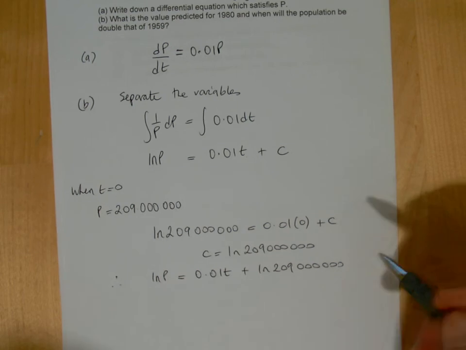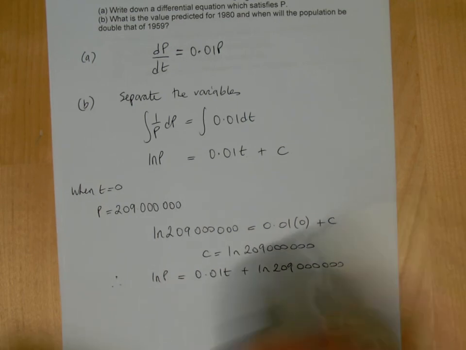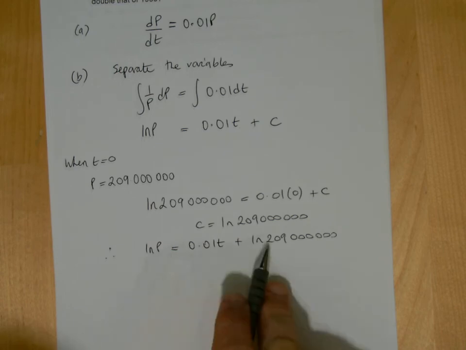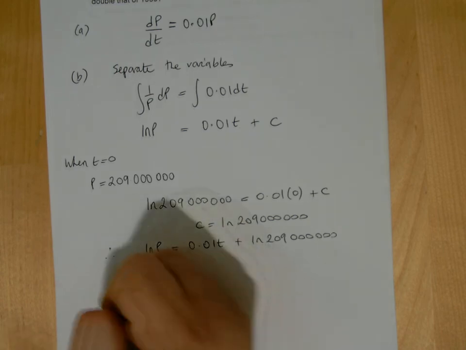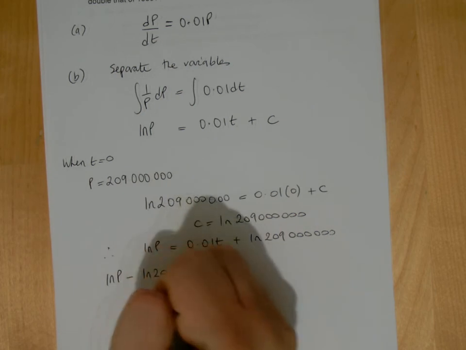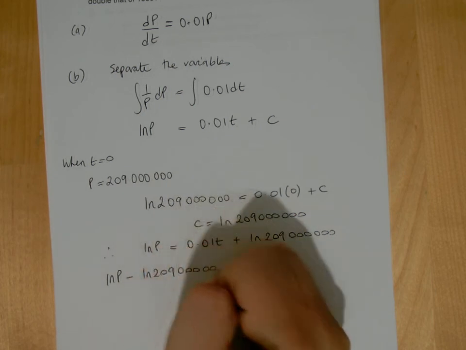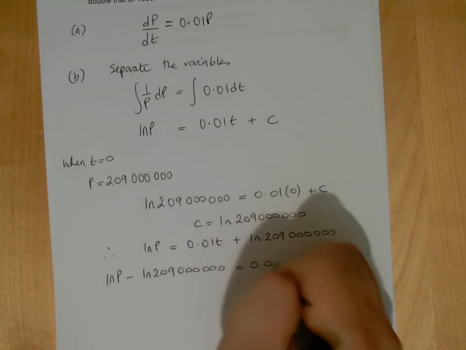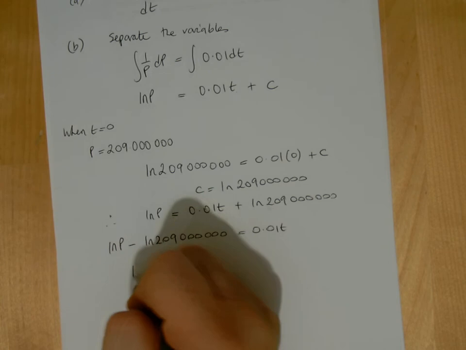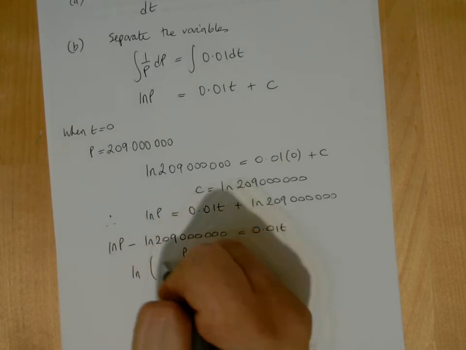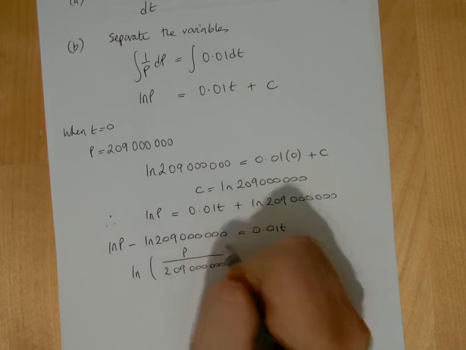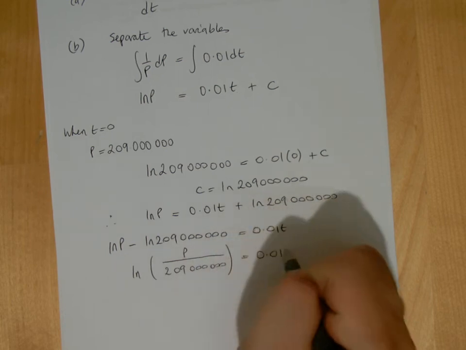Okay, so perhaps what I'm going to do now is solve this differential equation. Let's take that ln over. So I have ln P, take away ln 209 million, equals 0.01t. Of course, two logarithms taken away, we can write as a single logarithm, and we divide. P over 209 million, equals 0.01t.